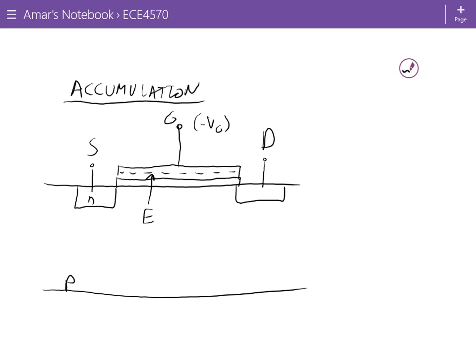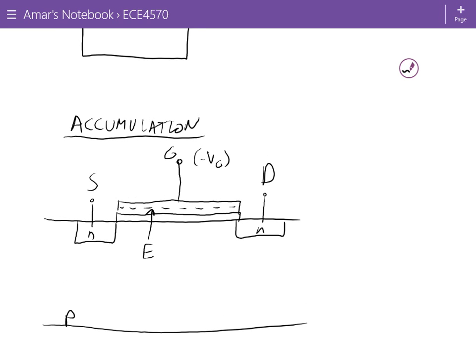Sorry, this is N-type, forgot to add that. So we have holes and electrons in the substrate. What's going to happen to the holes? Yeah, the holes are going to accumulate here. So the holes will go up like this. And what about the electrons? They're going to be moved away.